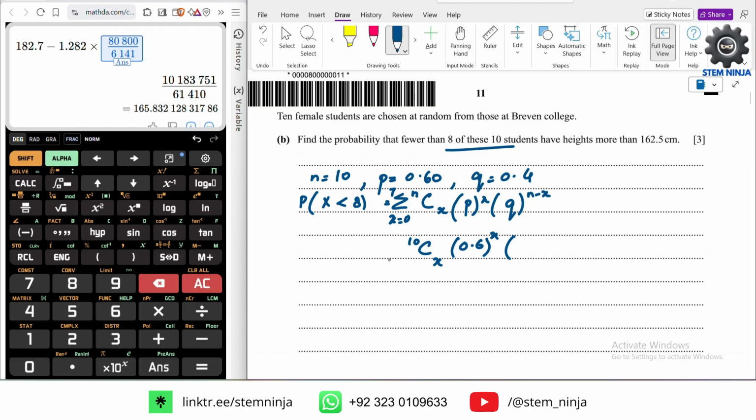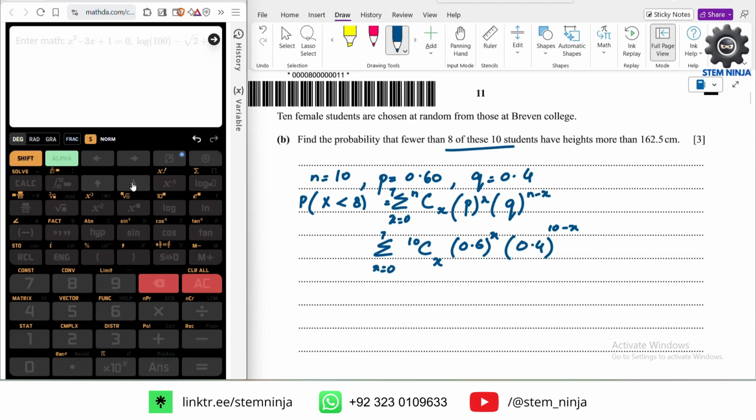So sigma x is equal to 0 to 7, and q is 0.4. That is just simply 10 minus x.